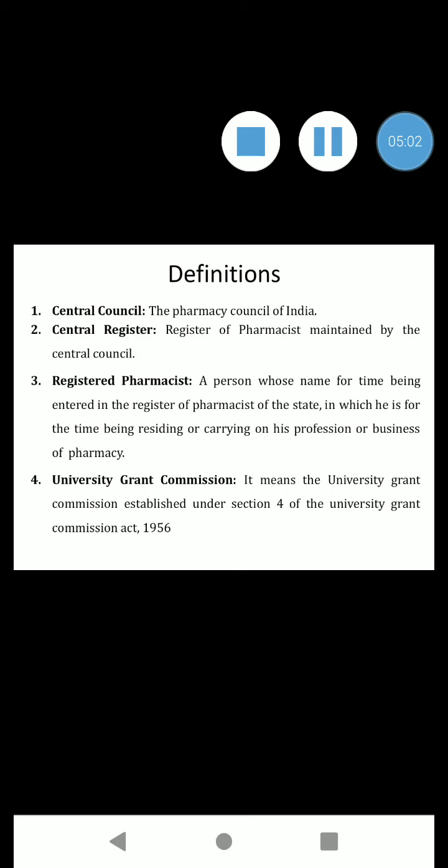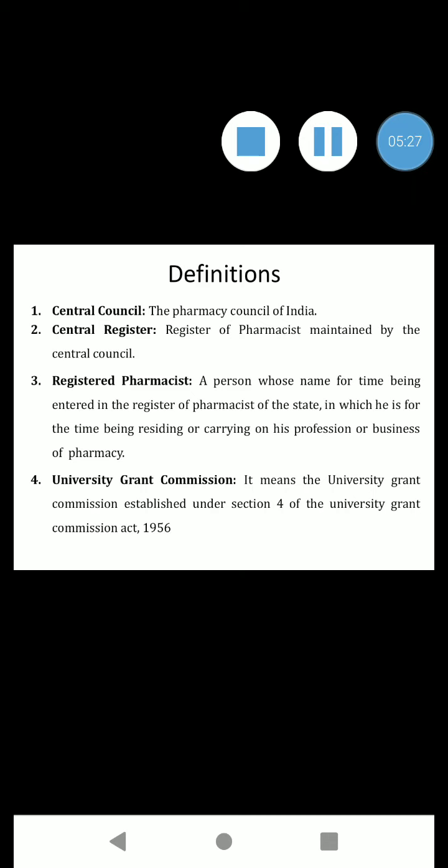The next definition is registered pharmacist. It means a person whose name for the time being is entered in the register of pharmacists of the state in which he is residing or carrying on his profession or business of pharmacy.